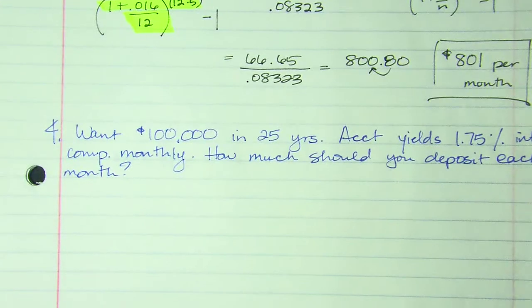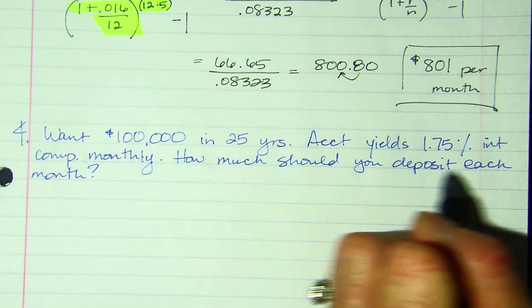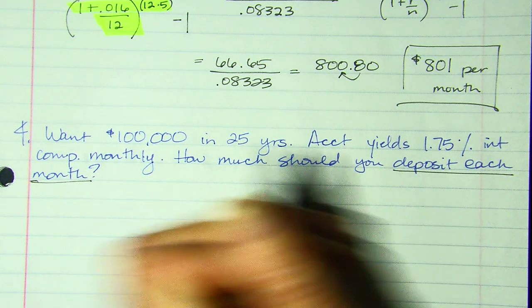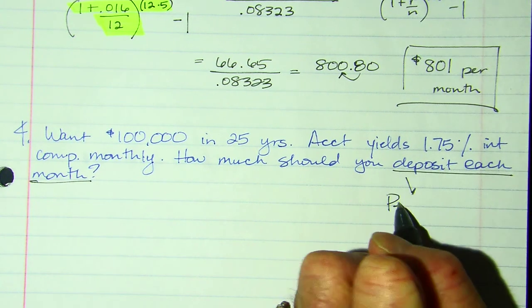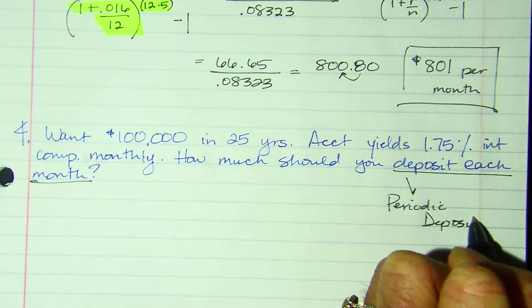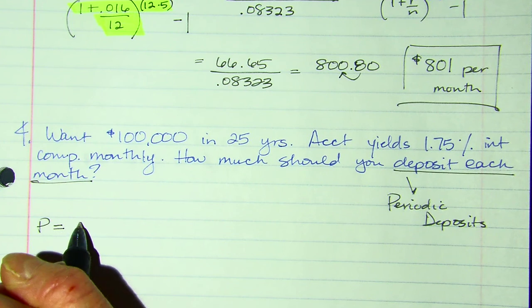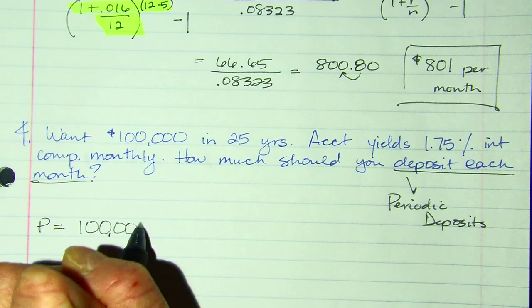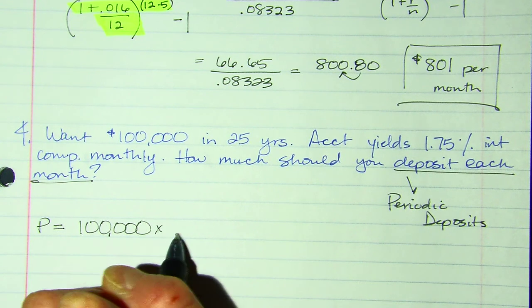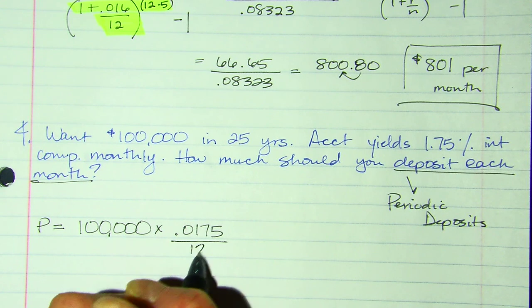So again, I know this is a periodic deposit because it says deposit each month. So I know I'm going to use the formula for periodic deposits. So P equals, so the first thing I'm going to write is my balance. I want $100,000 in my account times my rate divided by N, which again is 12.